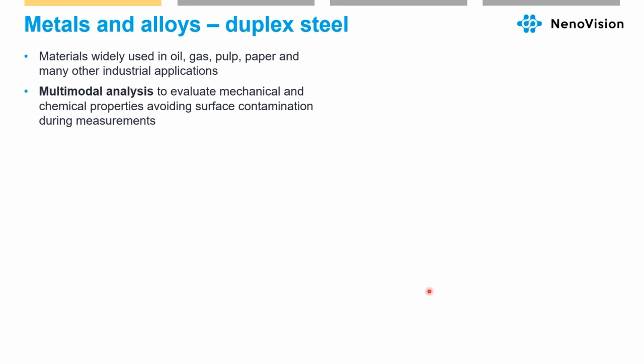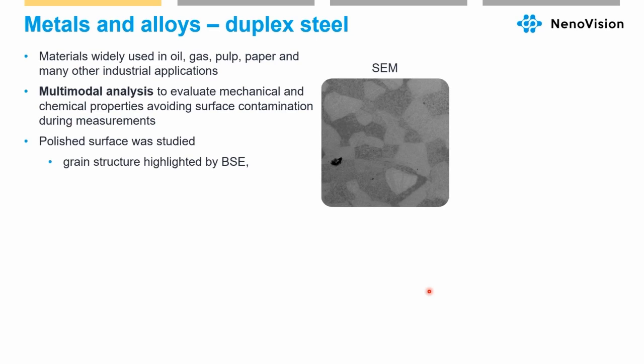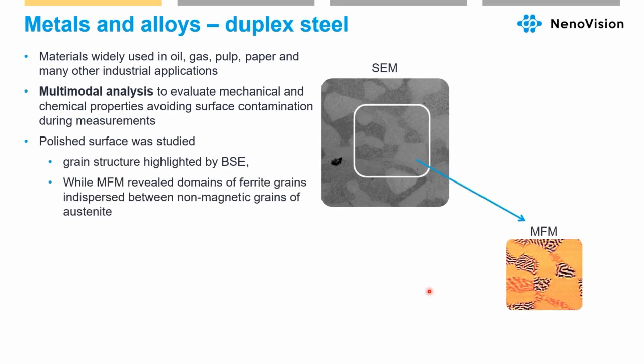Another application I took is duplex steel. I also showed this part of the story. It's a highly used material which these days requires complex and multimodal analysis of the mechanical, chemical, and other properties. In this case, you can take the metal, polish it and visualize the individual grains using backscattered electrons or other techniques.